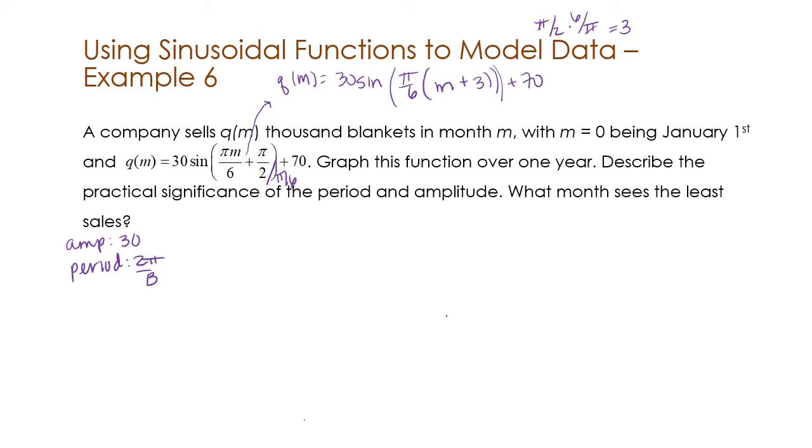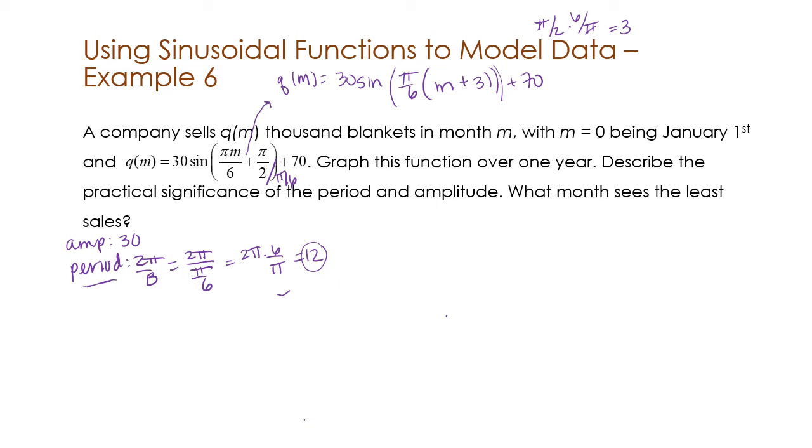Okay, so we've got period is 2 pi divided by b, so it's going to be 2 pi divided by pi over 6. So 2 pi times 6 over pi, which gives me 12, which makes sense because these x units are in terms of months, so that would mean the period is 12 months, so it follows 1 full year of the blankets that are being sold.